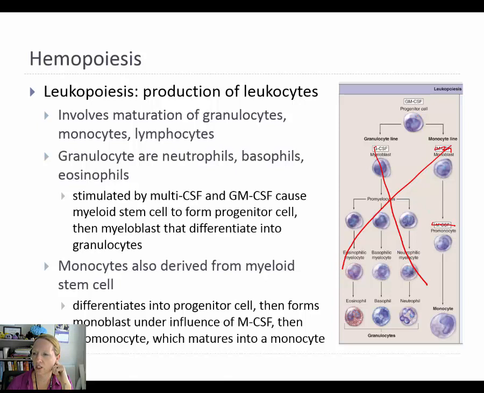As long as you know the general colony stimulating factor is fine. But as you can see, you are going to have this monocyte line that's eventually going to turn into a monocyte. But then you're going to have this granulocyte line, and they are going to give rise to all of the granulocytes. A monocyte's an agranulocyte, and so is the lymphocyte. So we'll talk about that when we get to the leukocytes later on.